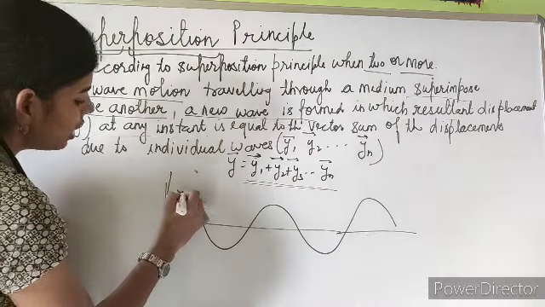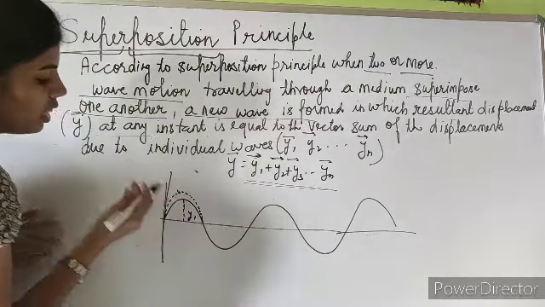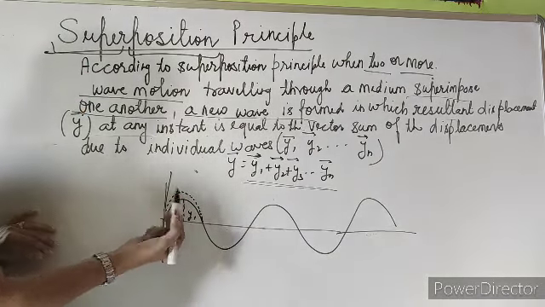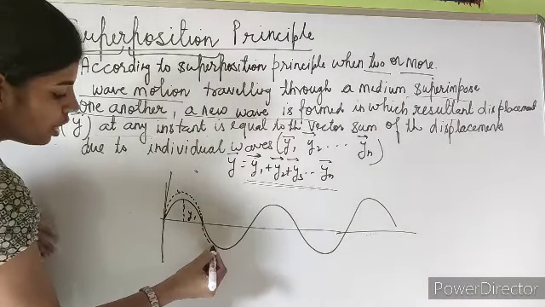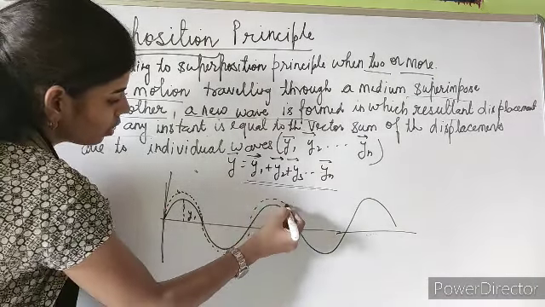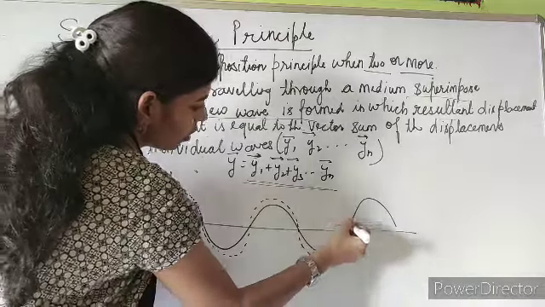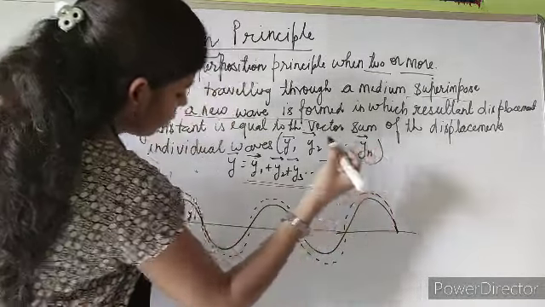Now superimpose another wave. This is another wave which is superimposed on this wave. So it would travel like this. This is another wave. Okay?